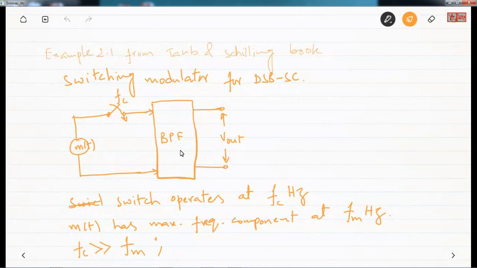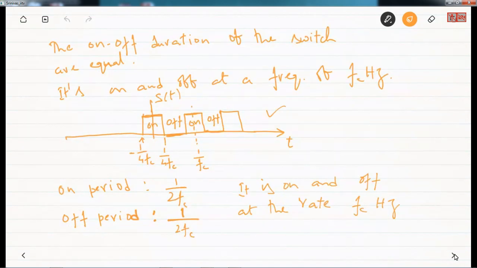So mathematically you can think of it as M of t being multiplied by the switching signal S of t that we derived here, and then that output is being fed to the BPF, right?